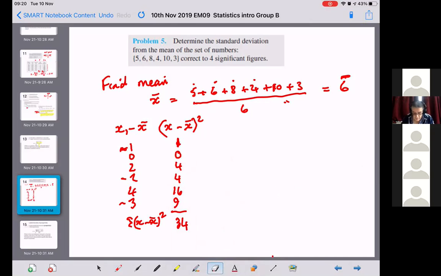All following so far? We know that the number in the set is 6.